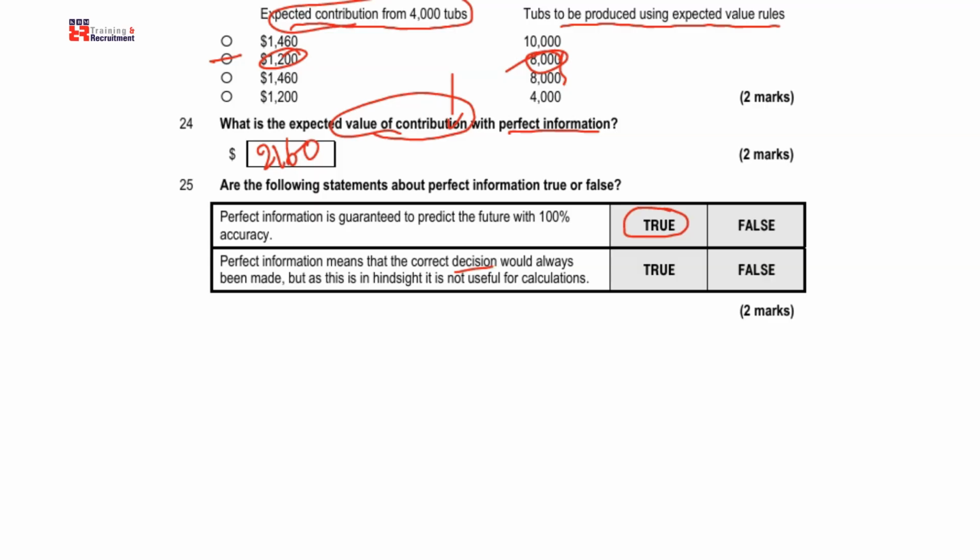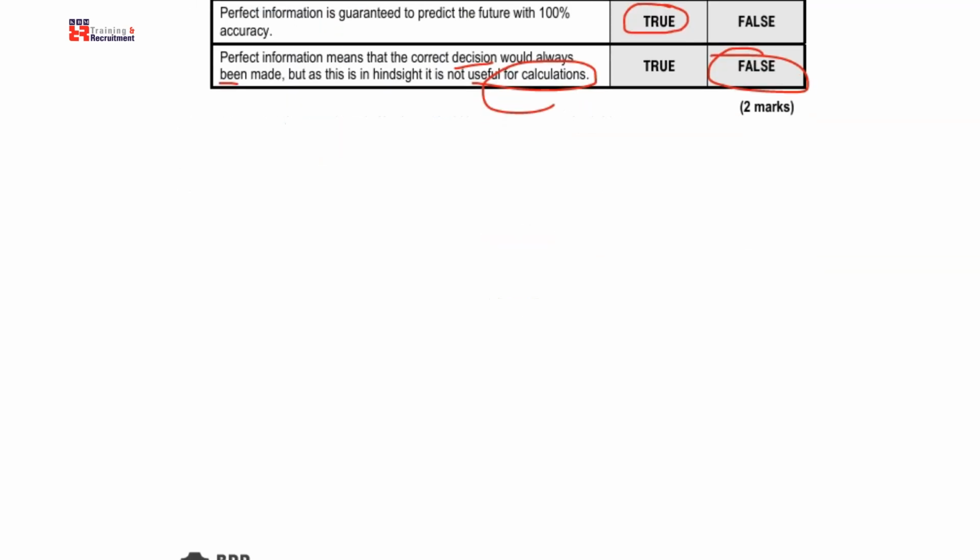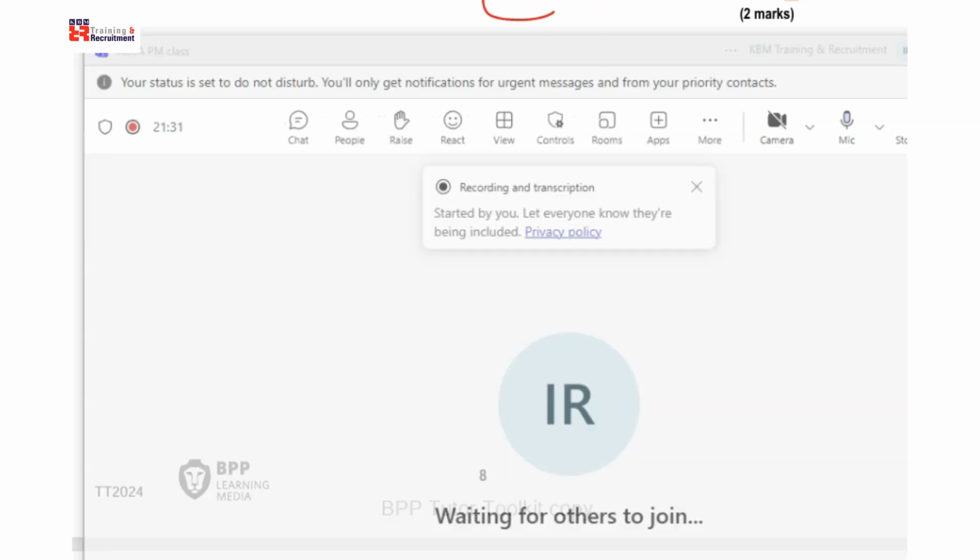It could be different. Hence, it's not useful for the calculation. It is very useful for calculation. So this is a false answer. Right? Well done. So that's your other 5 questions. You can save a lot of time here if you are well prepared, can't you? Right.